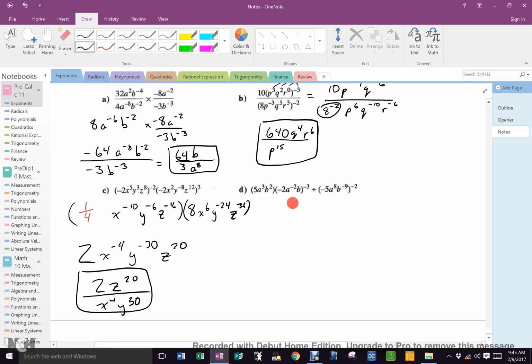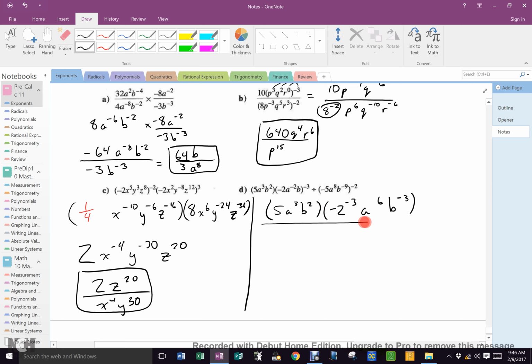And over here, this is division, so I'm going to do this side first. This is going to be 5a cubed b squared times negative 2 to the negative 3, a to the negative 6 to the positive 6, and b to the negative 3.